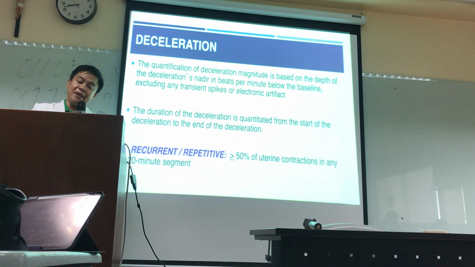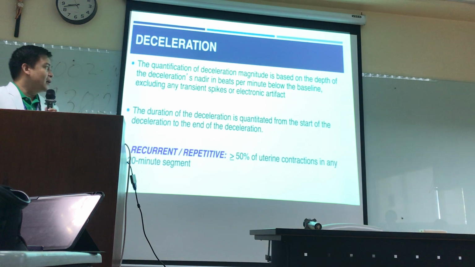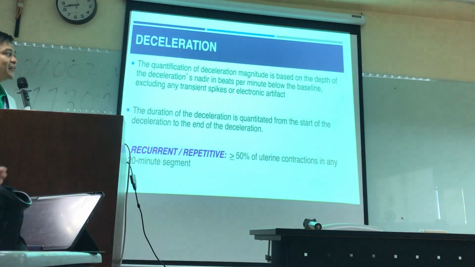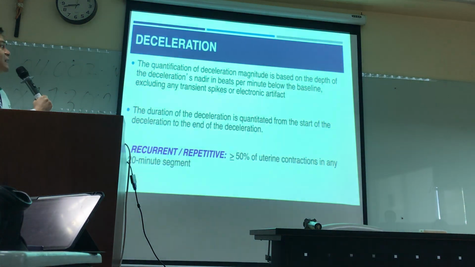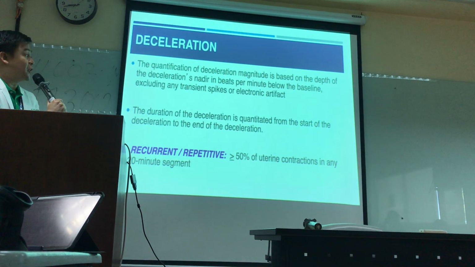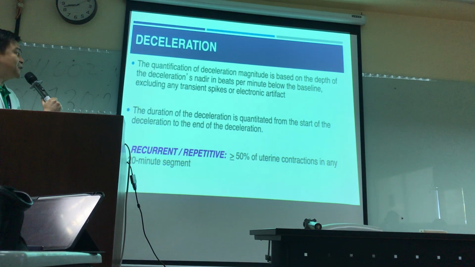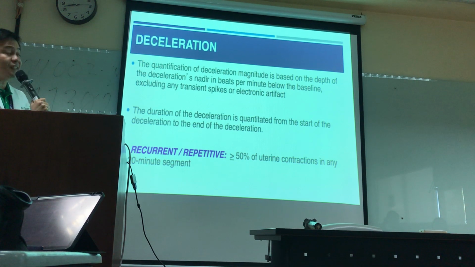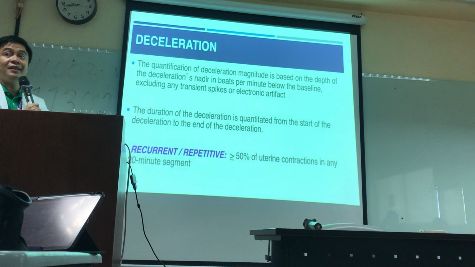Okay, now you have your deceleration. The quantification of your deceleration magnitude is based on the depth of the deceleration's nadir in beats per minute below the baseline, excluding any transient spike or electronic artifact. The duration of the deceleration is quantified from the start of the deceleration to the end of the deceleration.